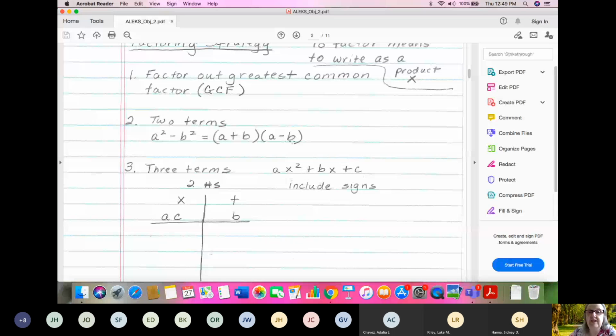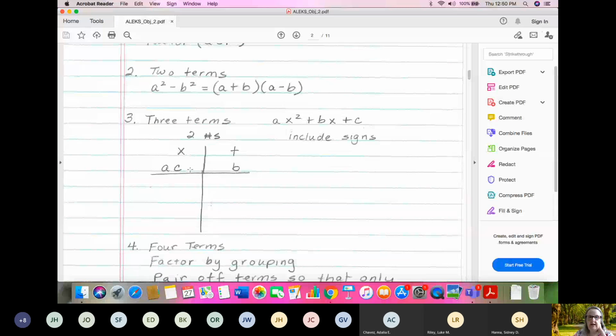Then we look at the last 2, which is negative b times b, which is negative b squared. So that's where the negative b squared is coming from. It's a very good formula, and you can only use it when you have the difference of 2 squares. You must have 2 terms and you must have the difference of 2 squares to use it.